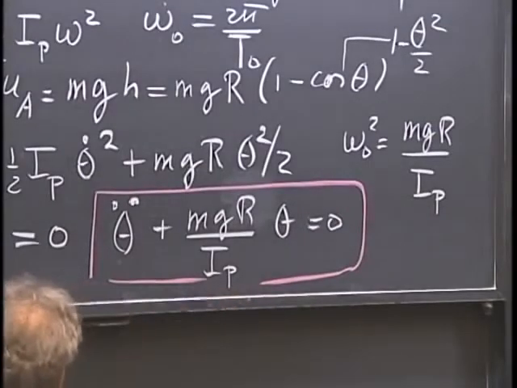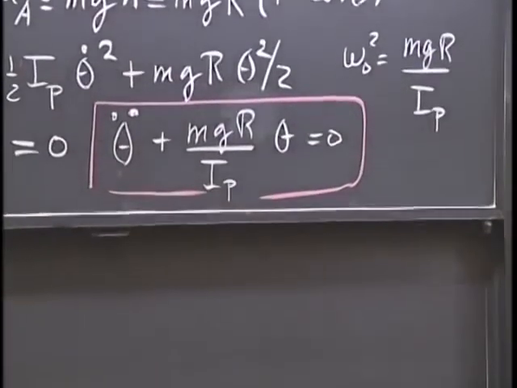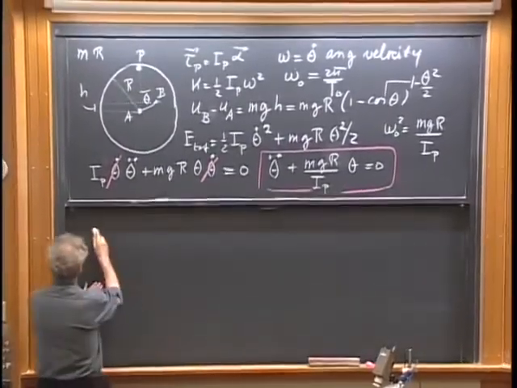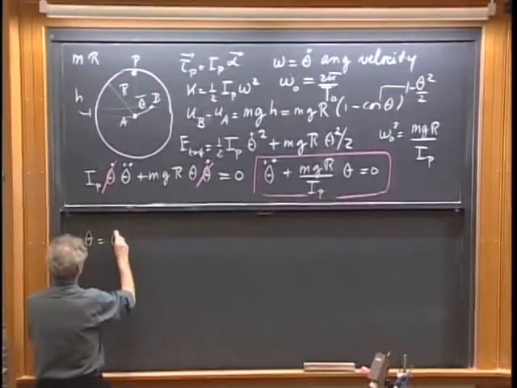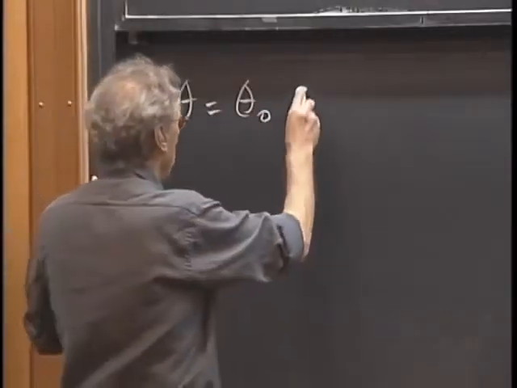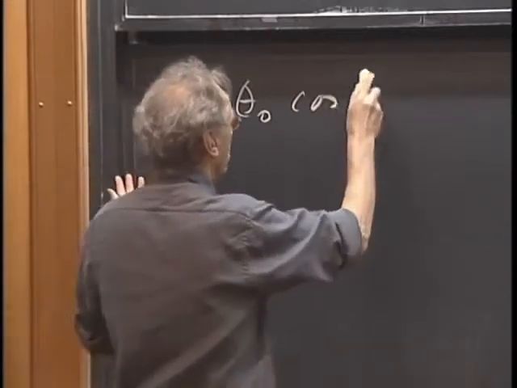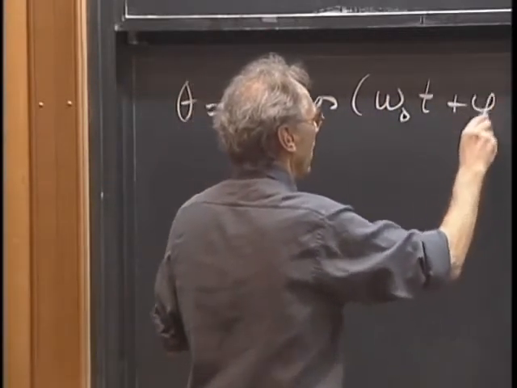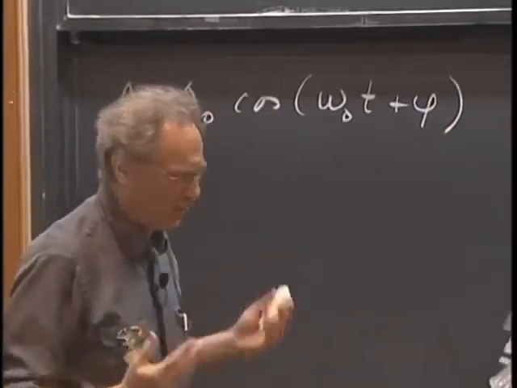And so the general solution for this oscillation then becomes that theta is theta 0, that is the amplitude, times the cosine, or the sine if you prefer that, of omega 0 t plus some phase angle phi. That is the general solution.